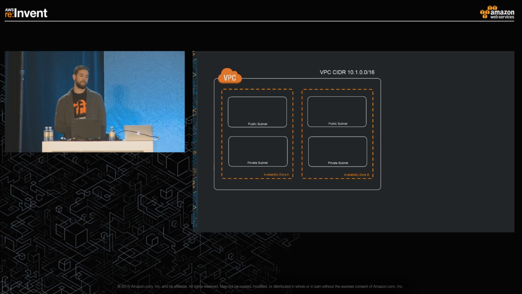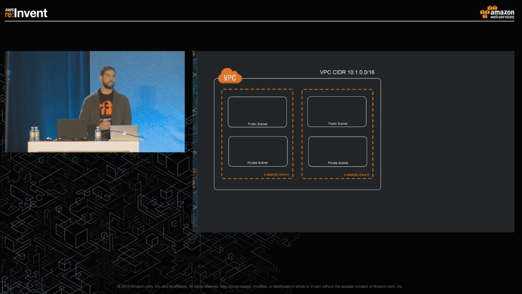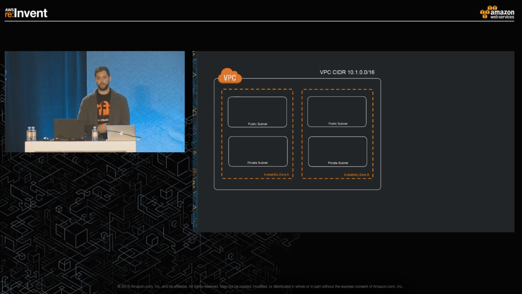So think of a subnet like a fault domain as well. If you spin up an EC2 instance in a single subnet and you have an AZ failure that the subnet resides in, the instance will also go down. That's why, when you look at the SLA for EC2, it asks that you provision in multiple availability zones. And within VPC, that's how you would do that, with multiple subnets.